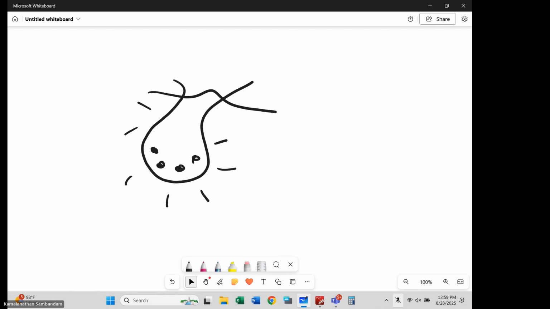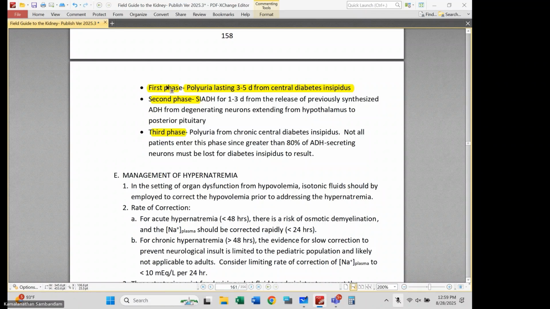So I get an initial problem with concentrating my urine. I'm initially polyuric, right? Now I get this syndrome of inappropriately excess ADH.